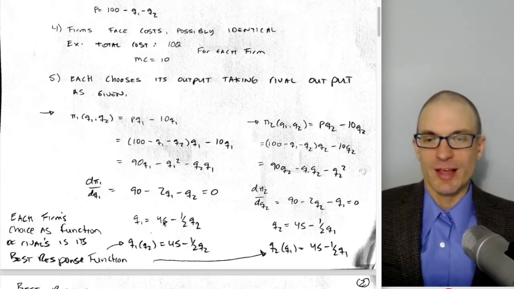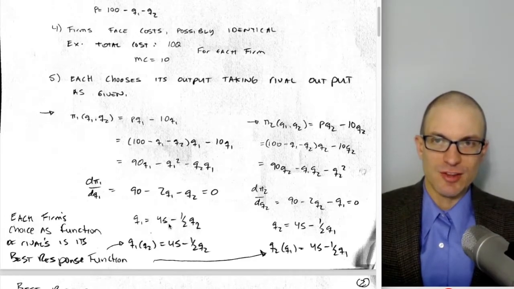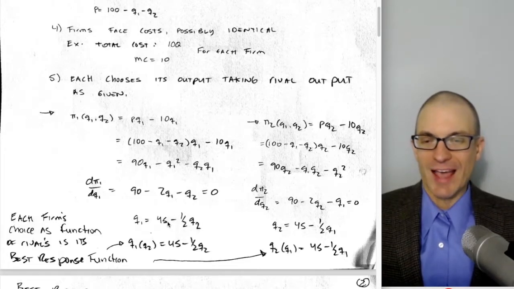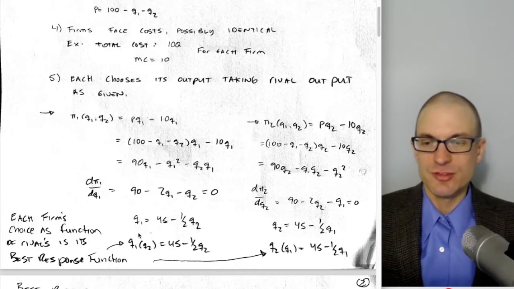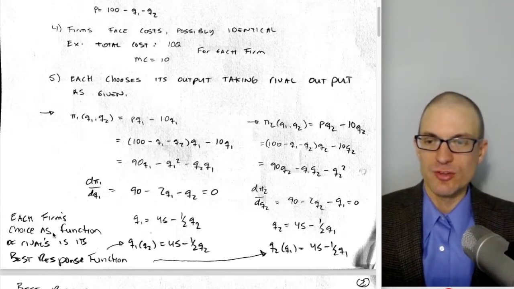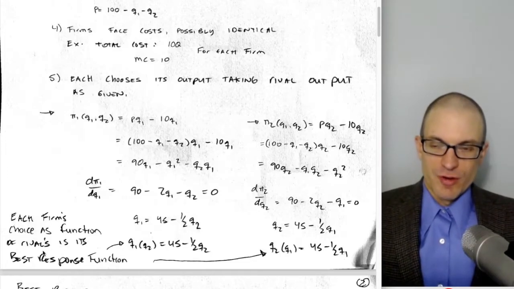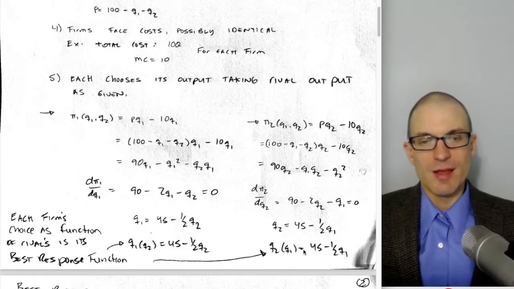For instance, something that's going to leave a nice decimal like 21.5 would be fine, but some nasty decimal wouldn't, and so then I'd probably leave it as a fraction. But anyway, that's just thinking about what's in front of us when we have to solve the system of equations. So each firm is going to choose its choice as a function of its rival's choice. So here's the best response function for firm 1 and for firm 2.